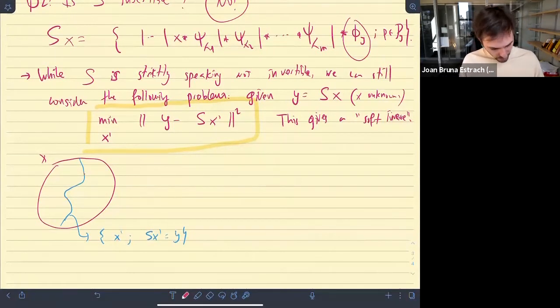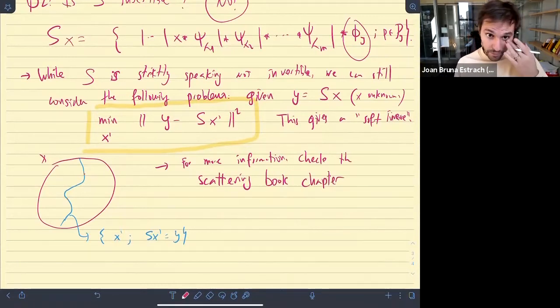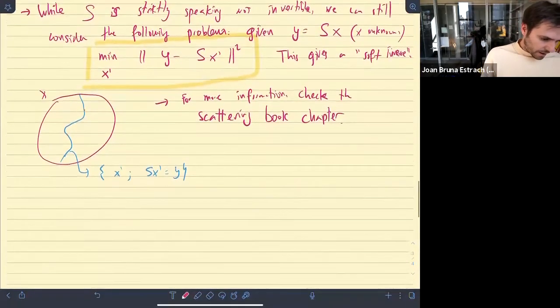Again, there's a tutorial, so for more information on this topic, check the scattering book chapter. I believe it's referenced on the website. There are some interesting numerical applications of this algorithm.